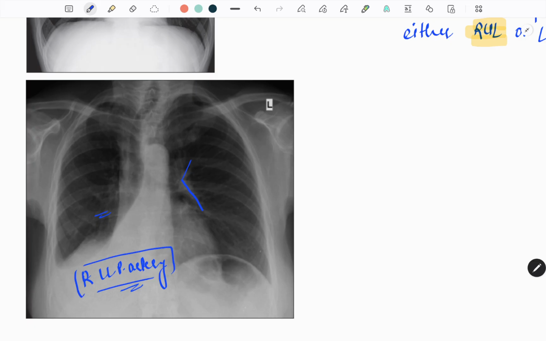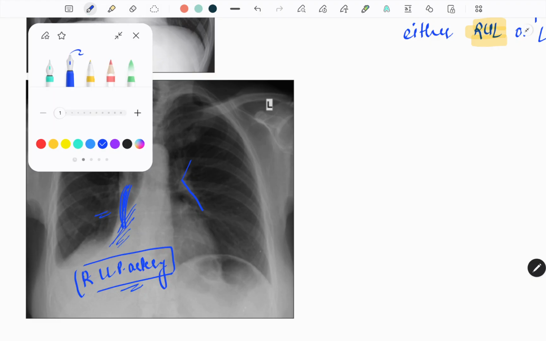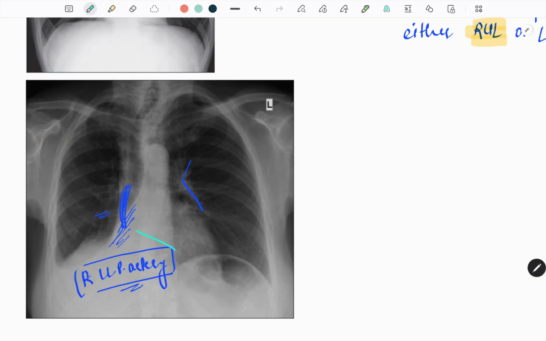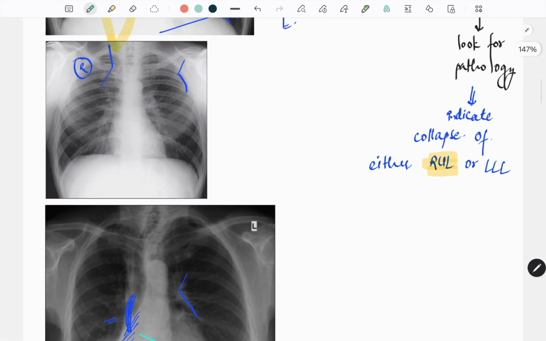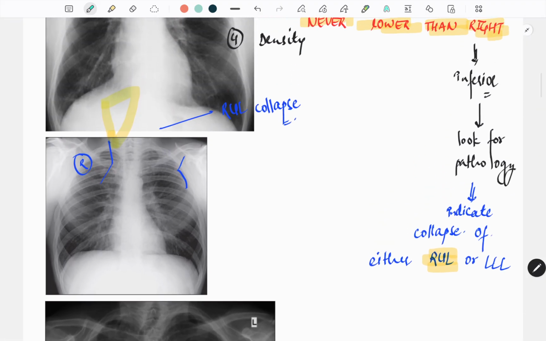The reason for this is the lower lobe pulmonary artery, which should have been seen here, has migrated into this collapsed lung. This is the collapsed lung. Lower lobe collapse. The artery has migrated within this collapsed tissue and therefore we are not able to see this.